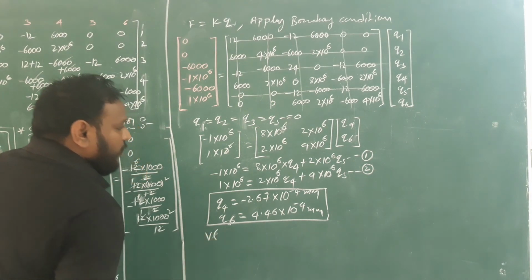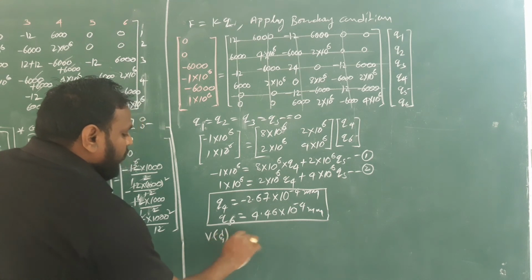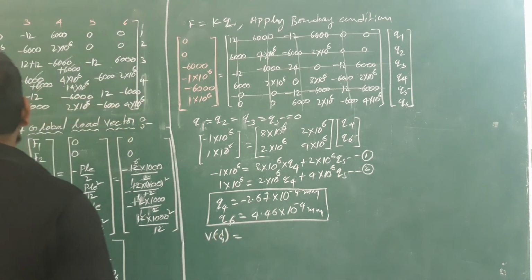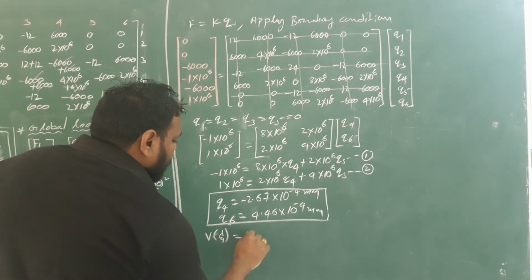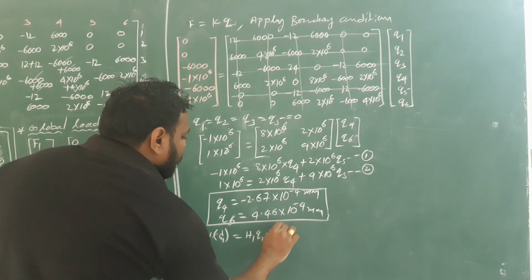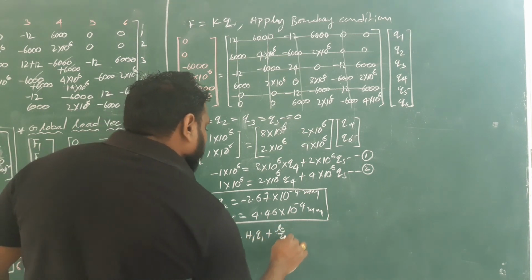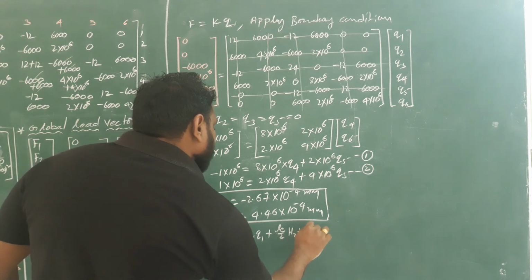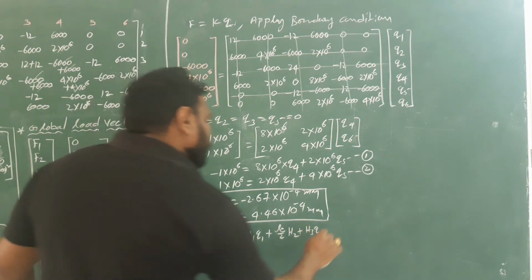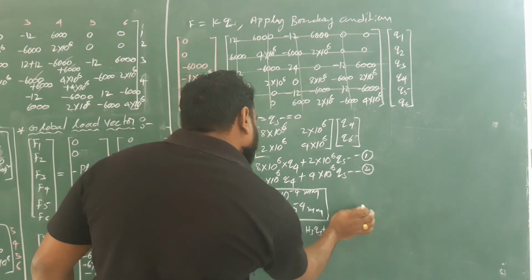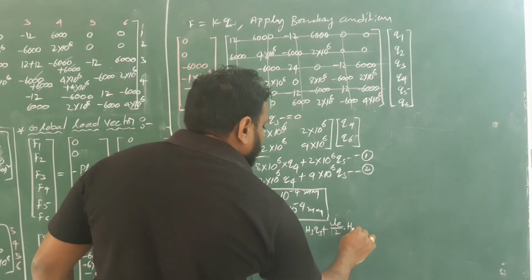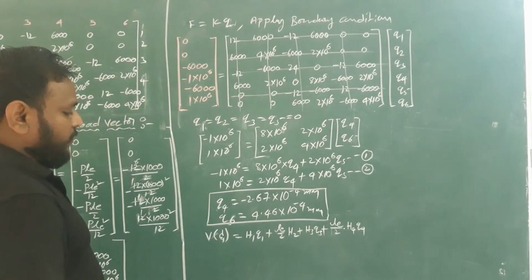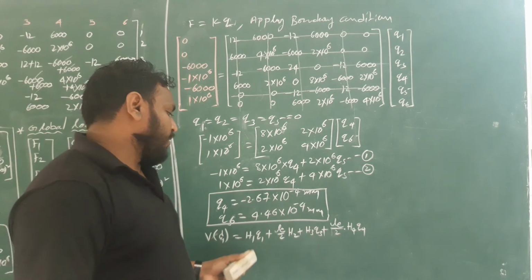I have told you that V of J, for the first element, is equal to H1 Q1 plus LE by 2 into H2 Q2 plus H3 Q3 plus H4 LE by 2 into Q4. This is the deflection equation for a beam element.